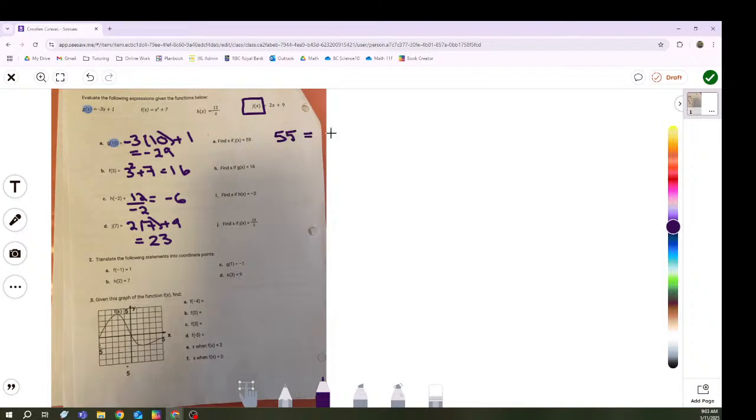So then we have the other side of the equation, and now we have to solve for x. So we have a two-step equation. What do we do first? Exactly. And that leaves us, what's 55 minus 9?